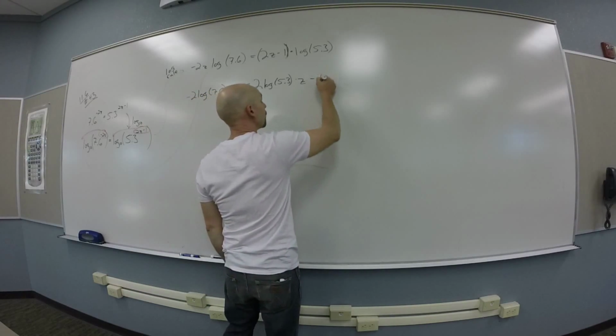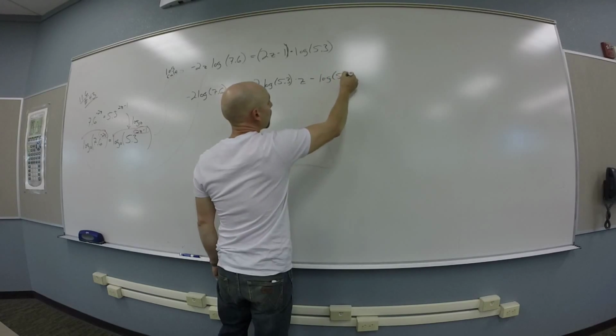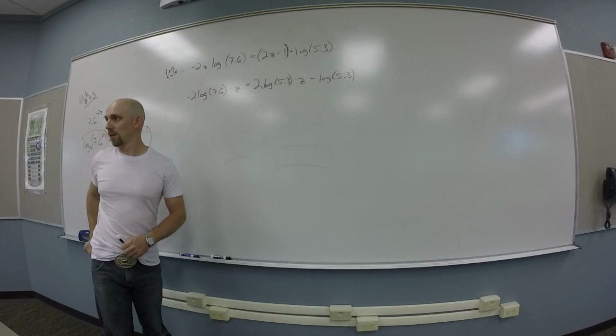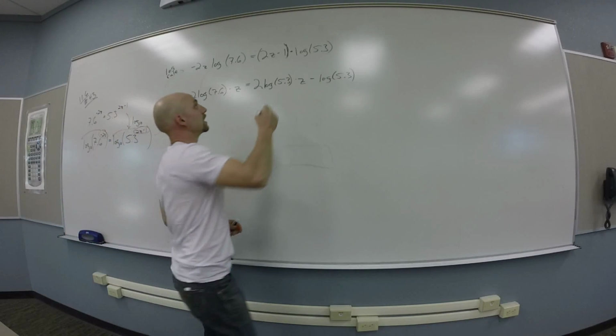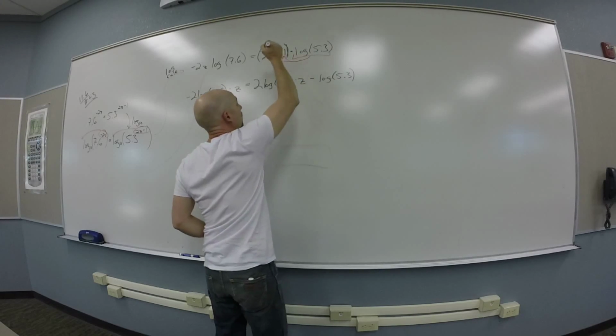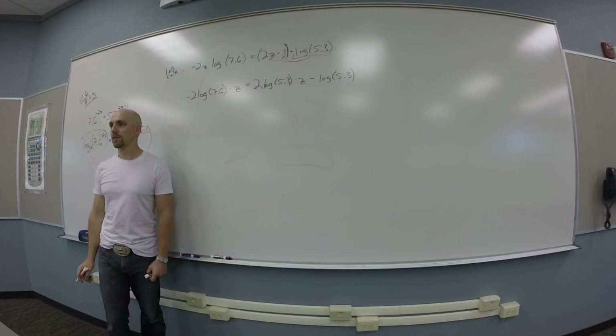Yeah, minus log of 5.3. You guys see that? Logging 5.3 twice, because this thing's a number, it has to be times, and I distributed it into here.